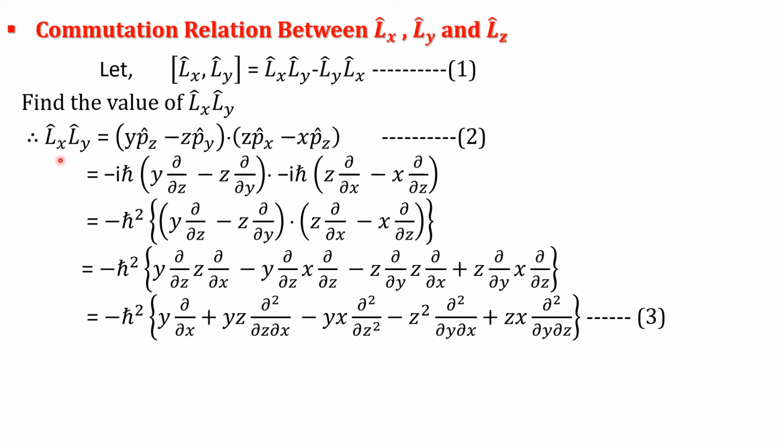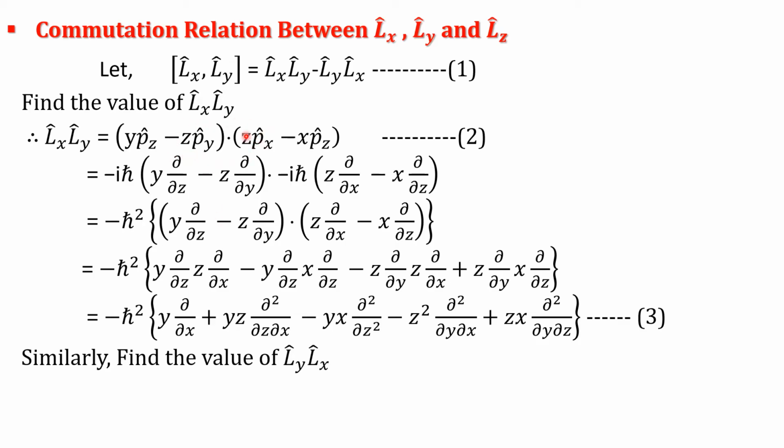This is the expansion of the LxLy operator, and we write it as equation number 3. Similarly, we find the next value, LyLx. Only we interchange the two brackets and simplify in the same manner. We put the value of Ly, z px minus x pz, and the value of Lx, y pz minus z py.